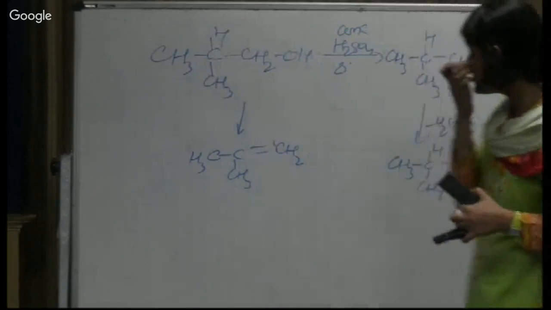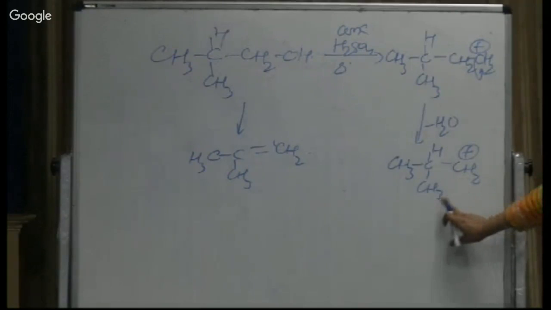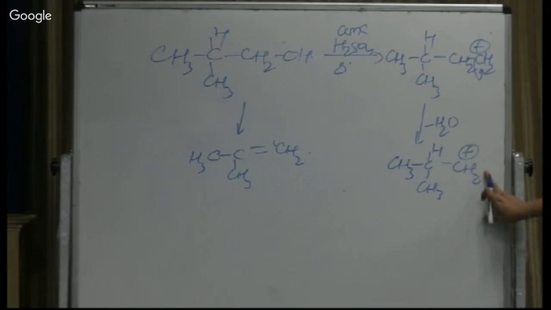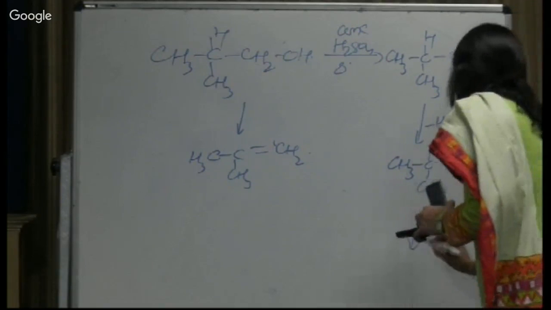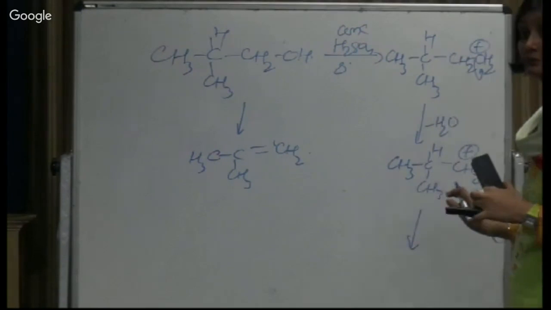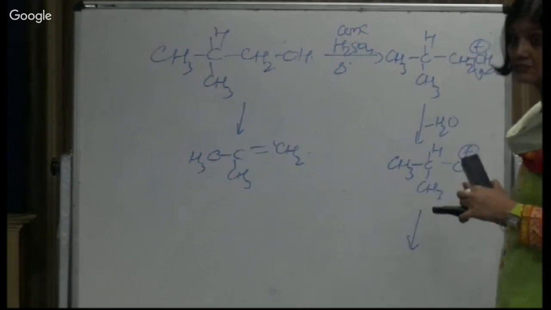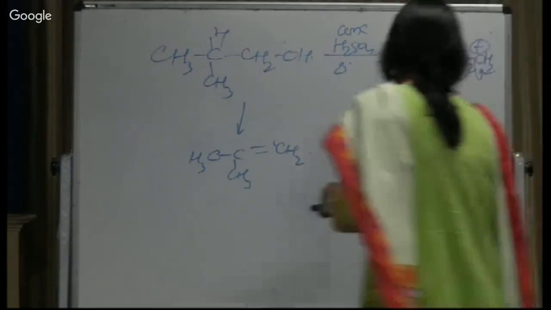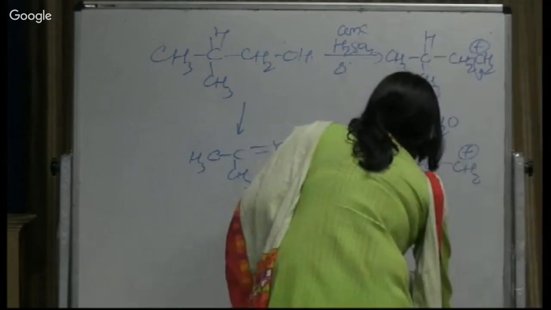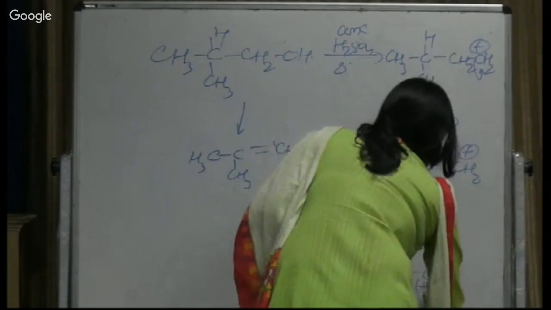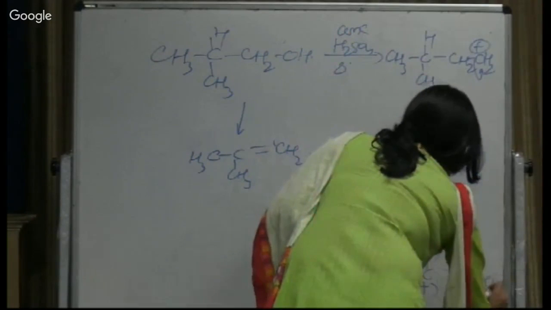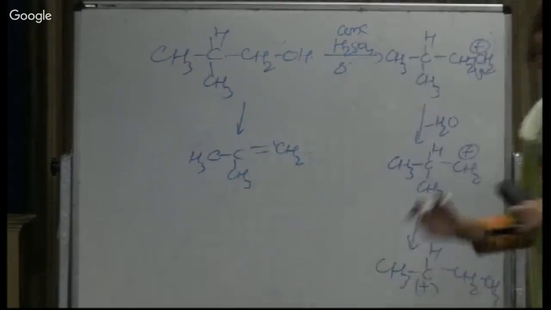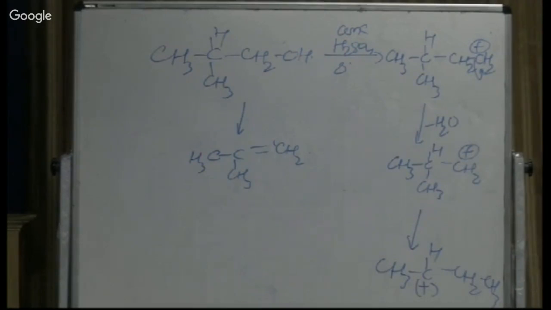But what happens is, the moment you have a carbocation being formed, you will have a 1,2 shift taking place. So what will move? You will have a methyl shift taking place. The migratory aptitude of methyl is better than hydrogen.